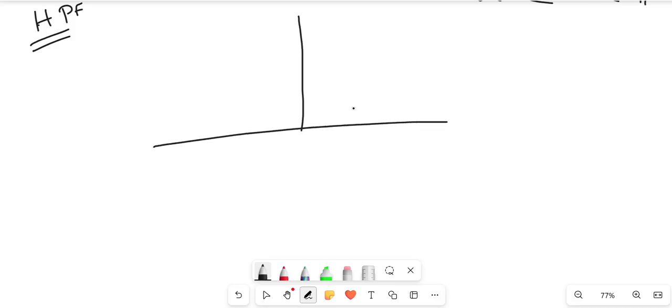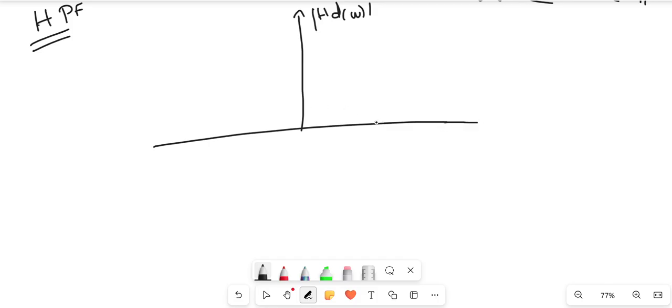So what is the frequency response of a high pass filter? If you just remember the frequency response, you can write the equation. This is the ideal response of the high pass filter.